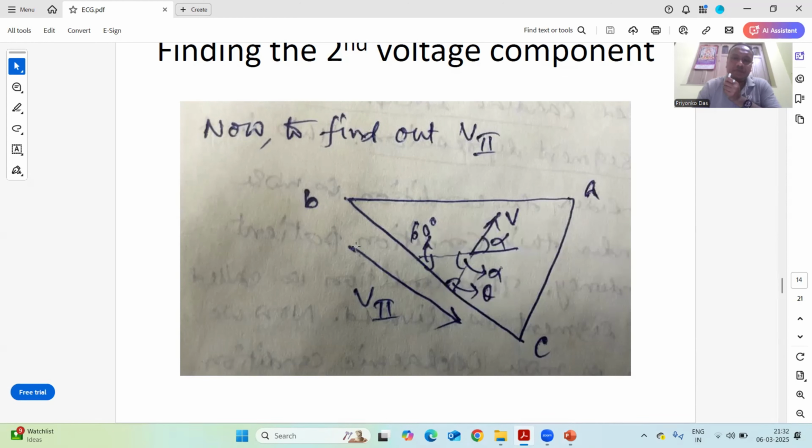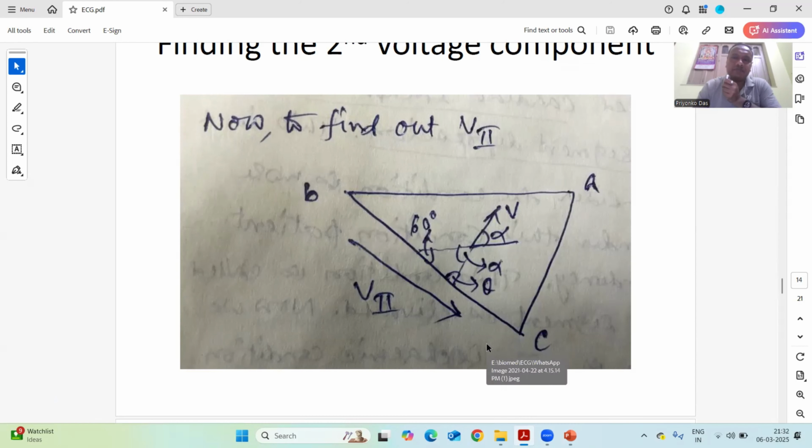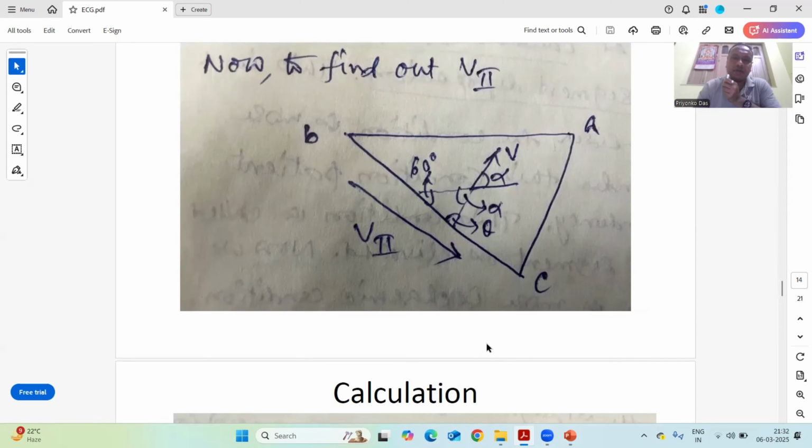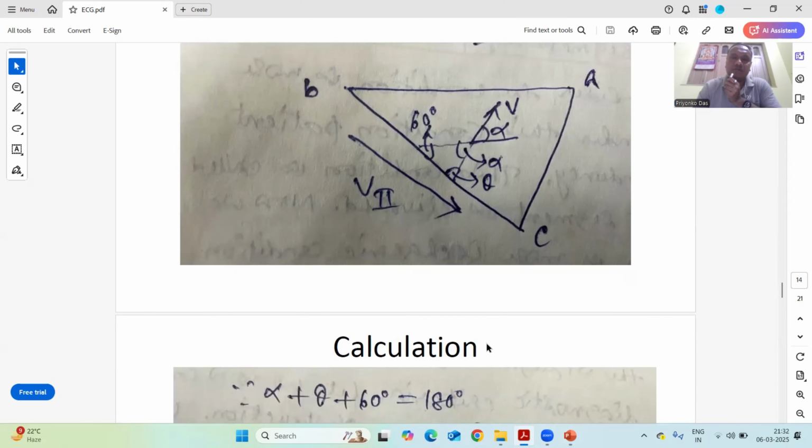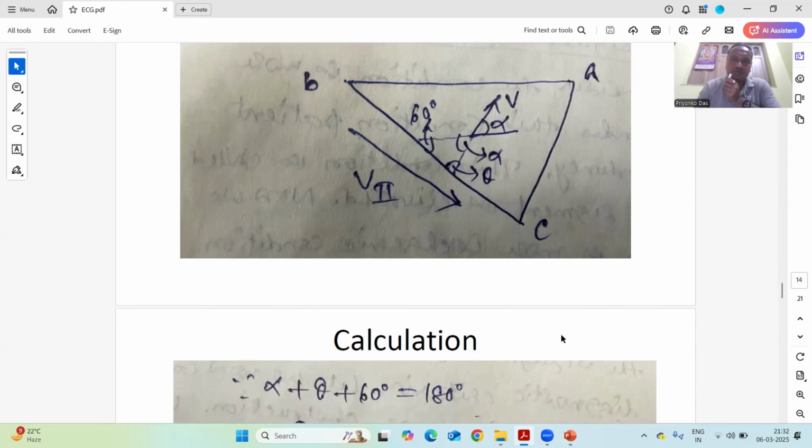So the V2 was acting from right arm B to left leg C. Okay, so V2 is acting downward. So now let us calculate this particular triangle over here. That means alpha plus theta plus 60 is equal to 180.